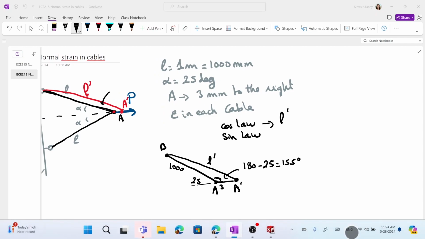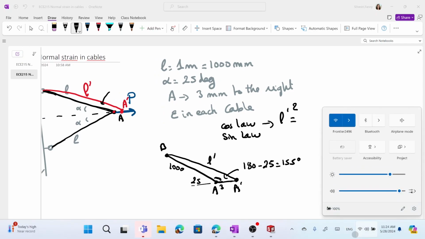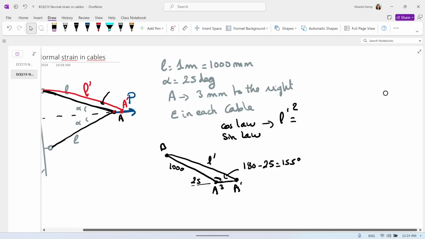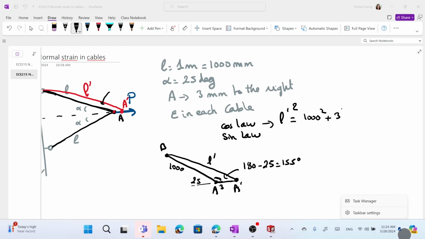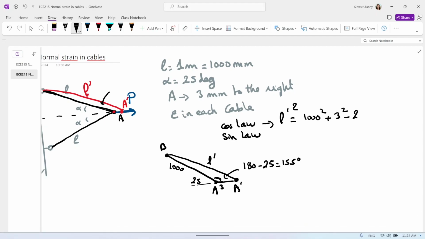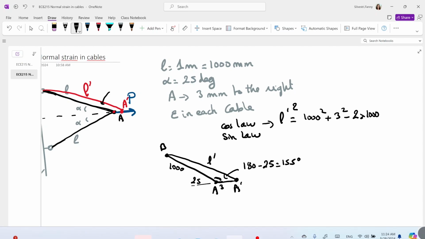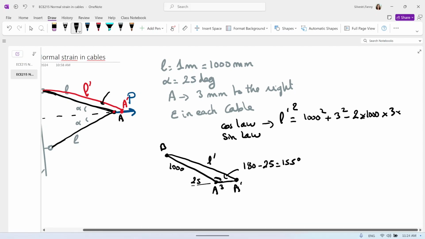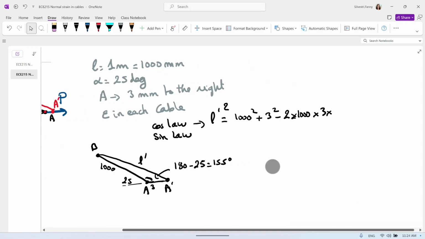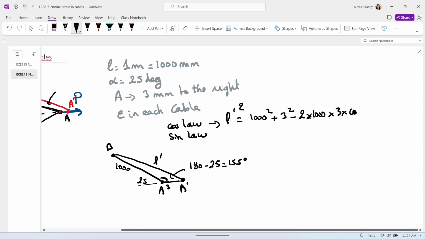So we will have L prime squared equals the dimension of L, so 1000 squared, plus the other dimension squared, minus 2 times 1000 times 3 times cosine of the opposite angle, so times cosine 155 degrees.